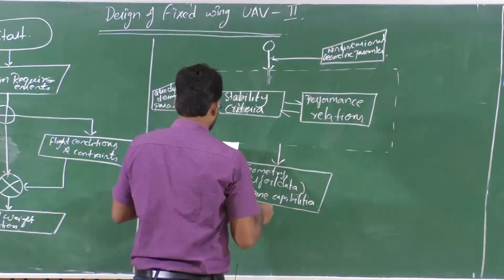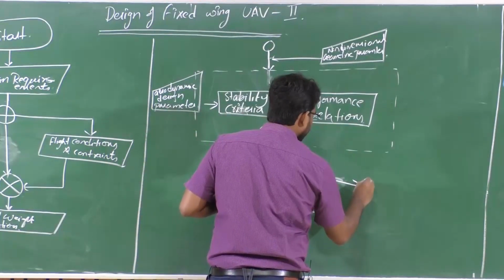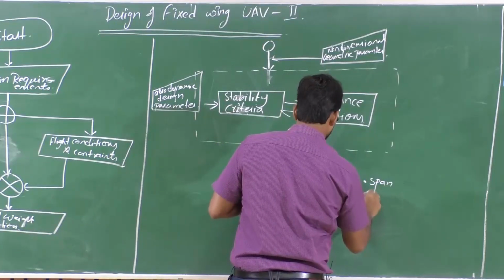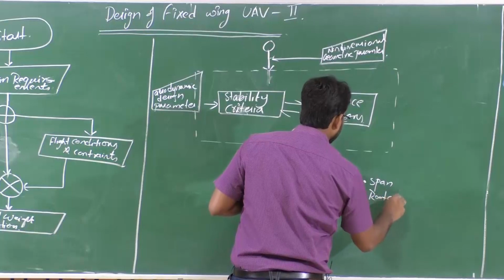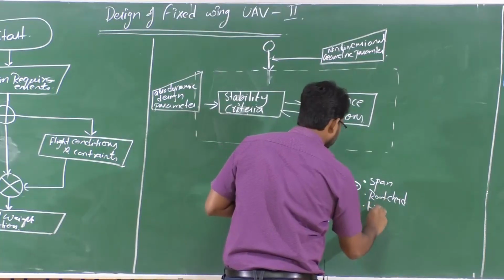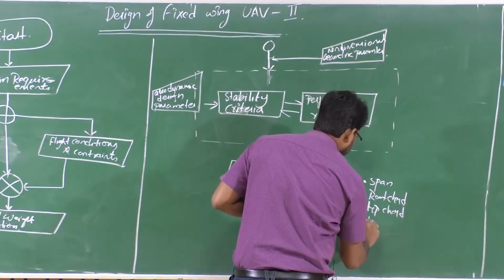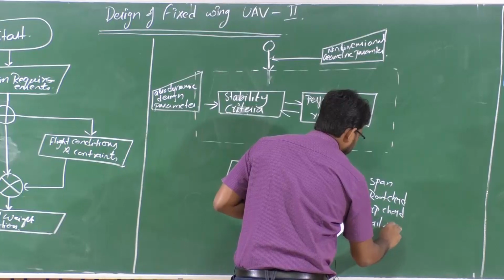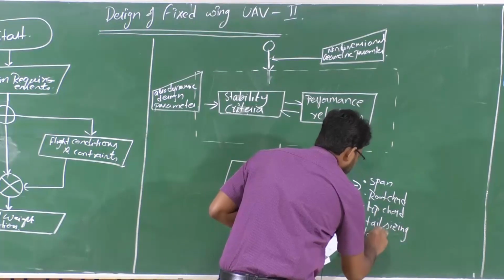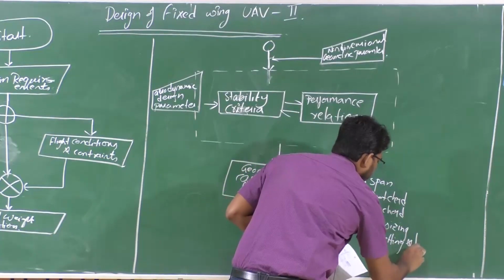Right. So basically the details that you'll get are about the span, the root chord and tip chord. Then tail sizing, tail setting and location.